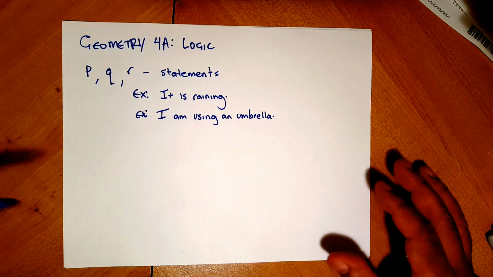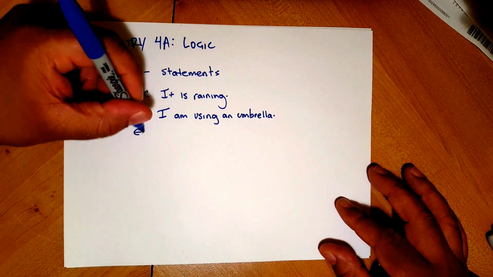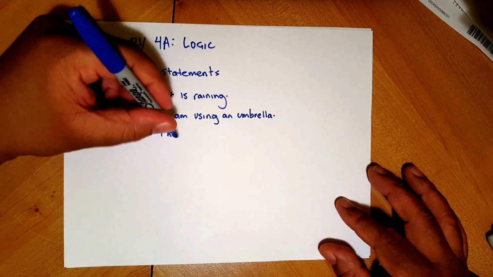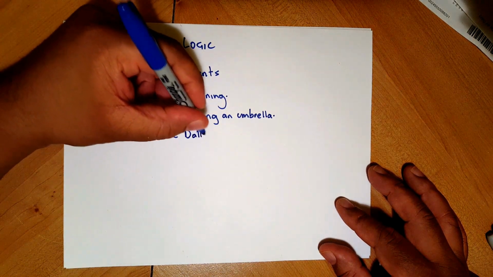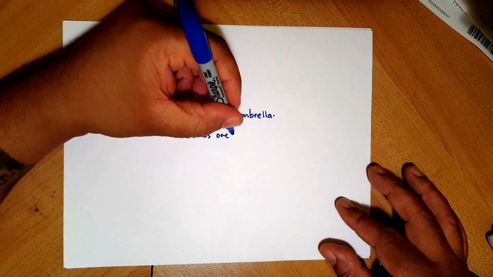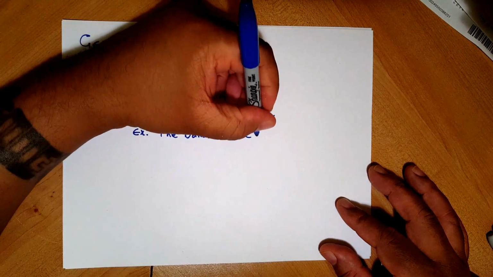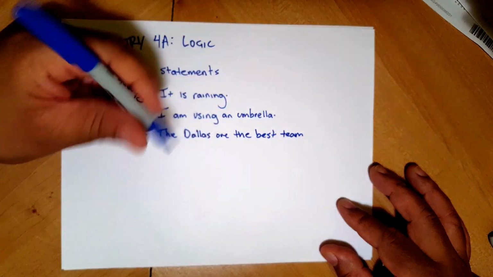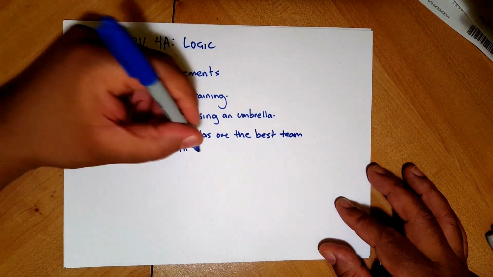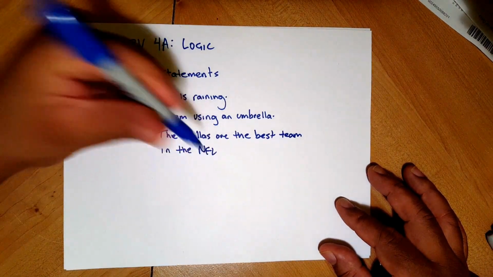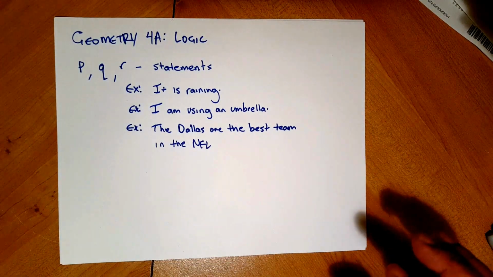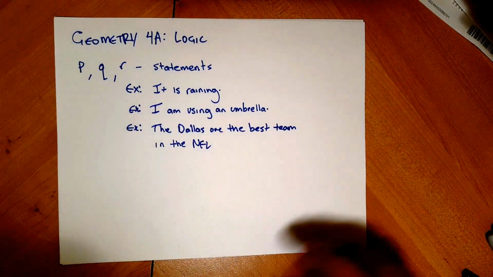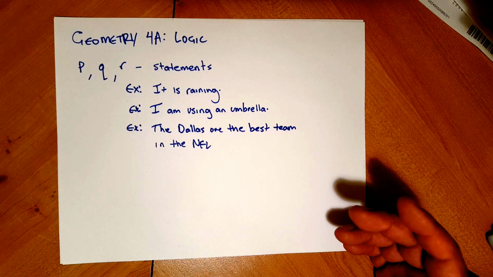So we try to steer clear of things like, the Dallas Cowboys are the best team in the NFL. So this, for a lot of us, is a statement of opinion. It's who we like the most. We think they're the best.